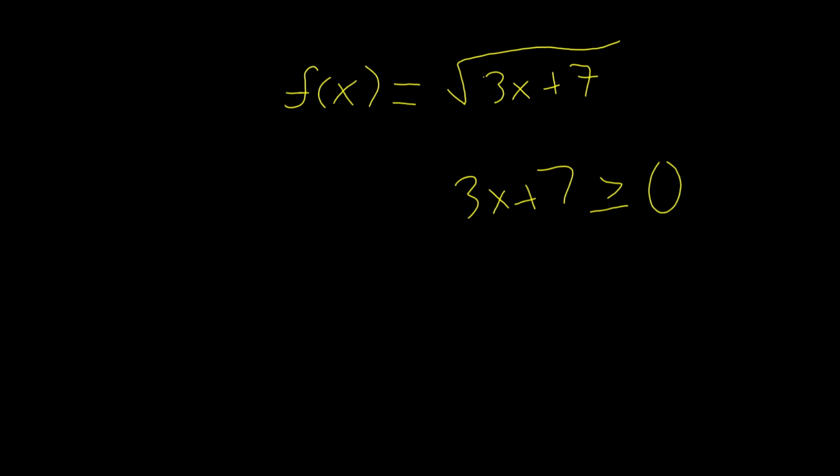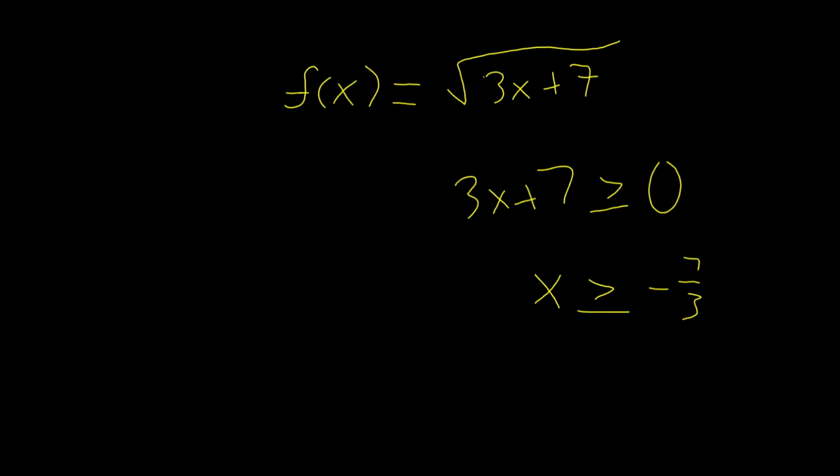And now, although this is right, we can simplify this a bit. We could also say that x has to be greater than or equal to negative 7 over 3. Because what value of x makes 3x plus 7 equal to 0?